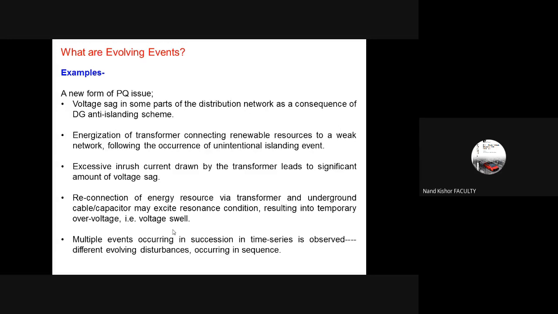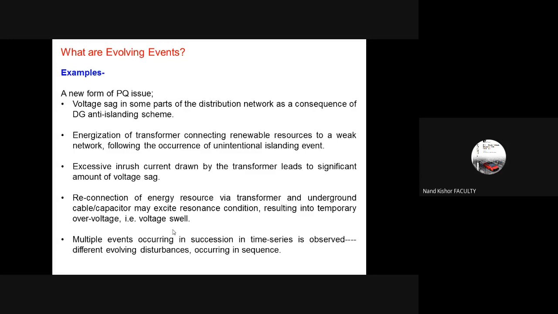So what are the evolving events? In this slide, I have listed some of the examples that we observe. In fact, when I looked at the problem, I referred to some papers, and there I came to understand that there are, in some cases, evolving occurrences of events, and that could be a new form of power quality issue.